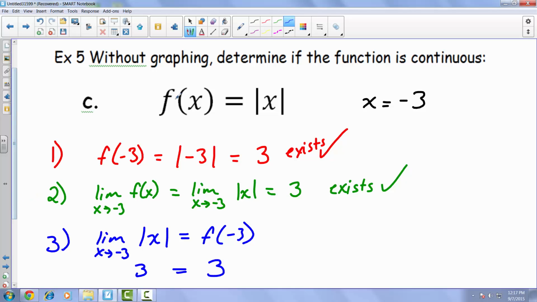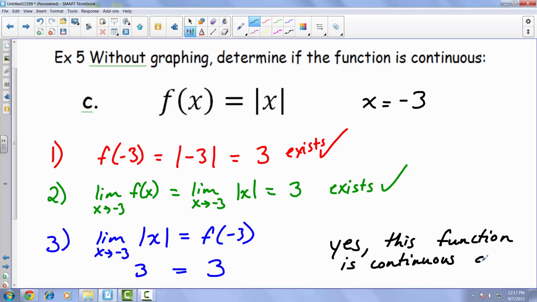So as a result, is this function continuous at x equaling -3? And the answer is yes, this is continuous at x equaling -3.